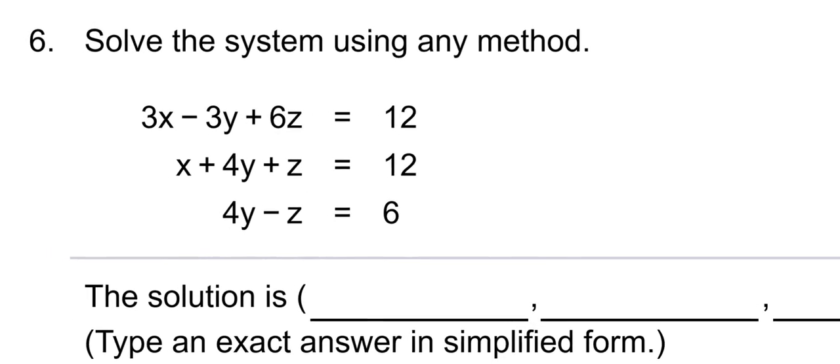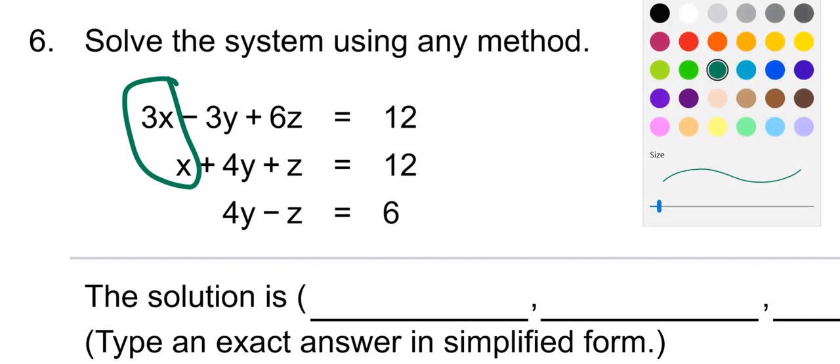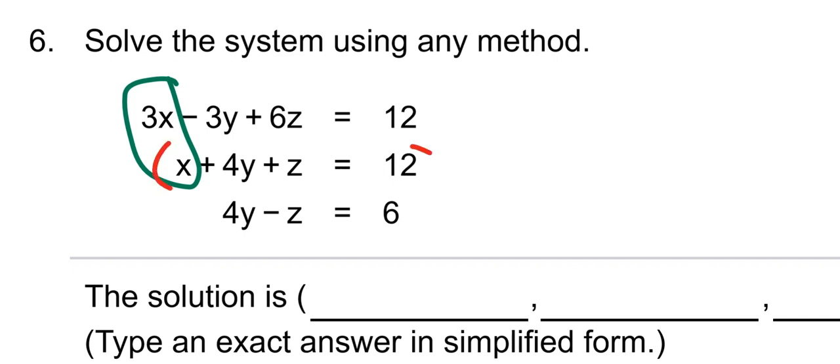Which variable do you think we should get rid of in number 6 first? And our answer is staring at you in the last equation. Thank you. It would be x that you want to get rid of. So, what will you be multiplying the middle equation by? -3. Okay?